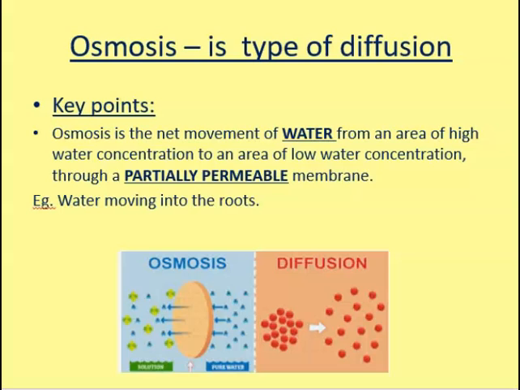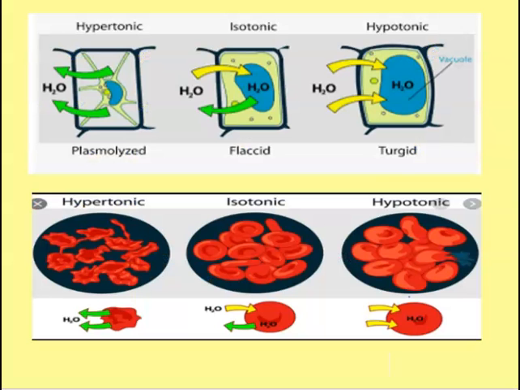Okay, so I just wanted to mention some other words that you will need to know. These diagrams here at the top are plant cells, these are animal cells. Now, if you put a plant cell into a hypertonic solution, hypertonic means that it is a solution surrounding the cell that has got less water molecules and more salt molecules or sugar molecules.